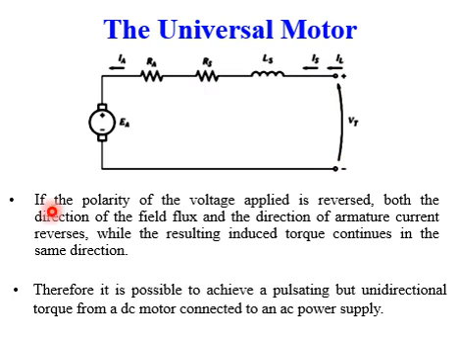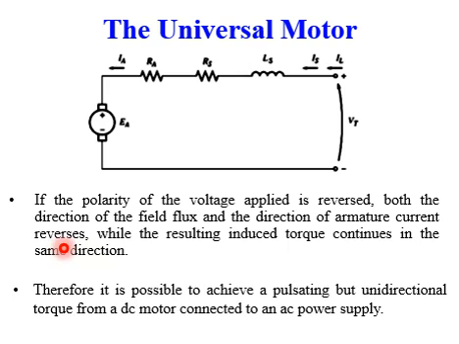Now we discuss a few points which clarify the structure and working of the universal motor. If the polarity of the voltage applied is reversed, both the direction of the field flux and the direction of armature current reverse.